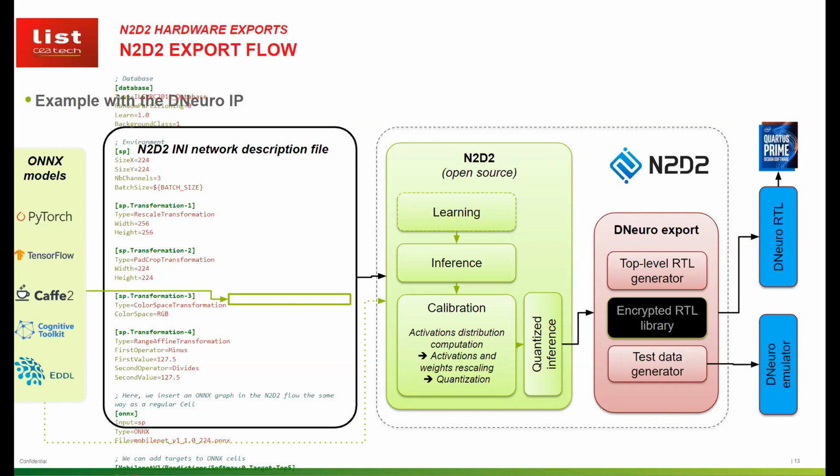The calibration in the middle corresponds to the post-training quantization which I mentioned just before. After that we can generate the code, we can generate the RTL in order to provide the description to our target. And afterwards we also have the emulator for the neuron. So we can move to the next slide.